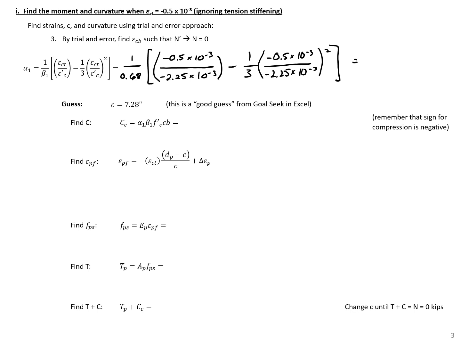And this will give us an alpha 1 factor here of 0.303.